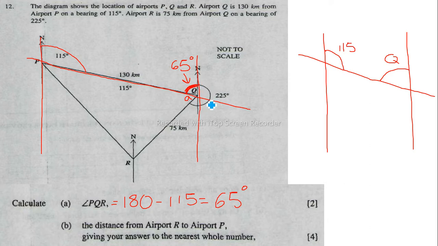From here to here can't be 225, that's 180. From here to here, it's a straight angle. So the whole thing is 225, including this part. So 225 is all this. 65 is this one, and we don't know what A is.